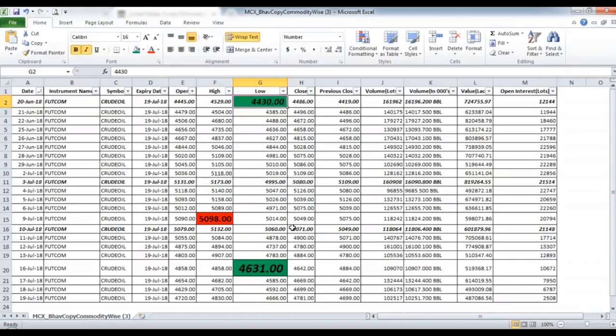Yes. So if this support is higher than this support, the trend is no doubt up, on the upside.